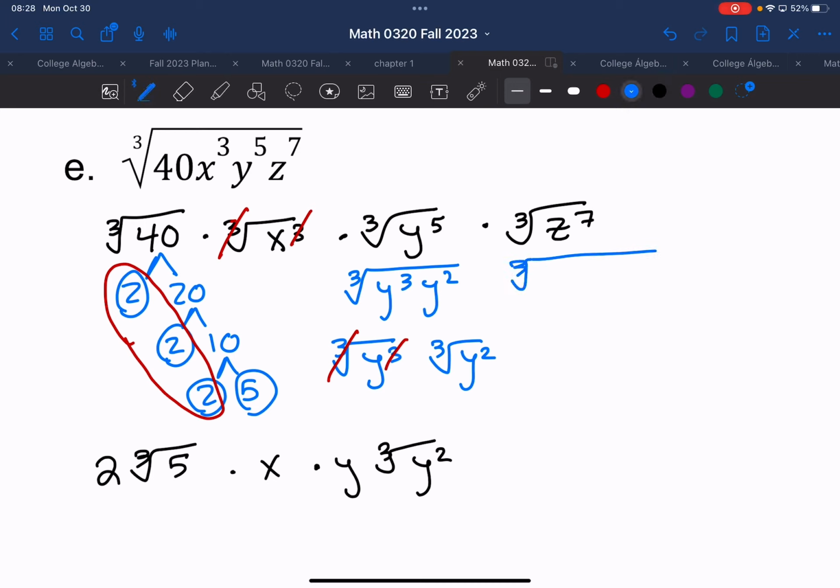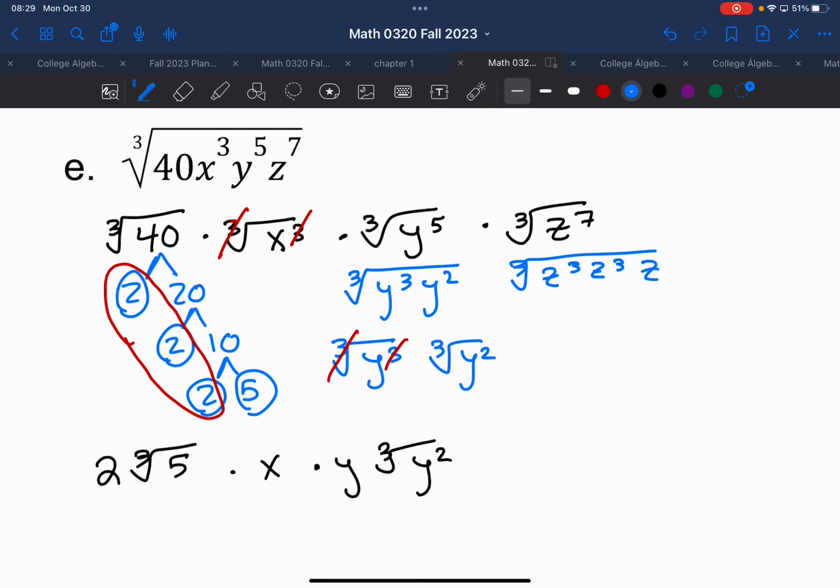How would we write z to the 7th? So we want some z cubes in there. So it would be z cubed. That's 3 of the z's. What's next? Z cubed, and that's 6 of them. And then what else?